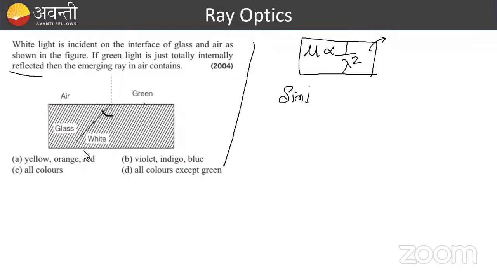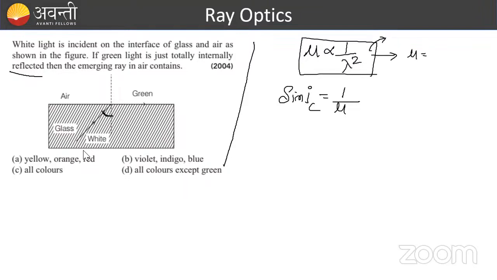Sin IC for any color of light I am writing. So sin IC will be equal to how much? What is the formula for sin IC? Refractive index of rarer medium, that is 1 here, divided by refractive index of denser medium. Let it be mu. So just now I said mu is directly proportional to 1 by lambda squared.